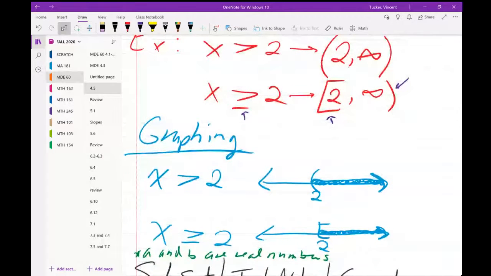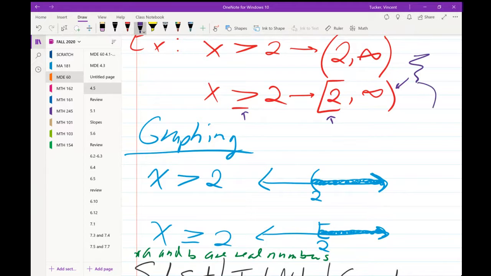Now, if I had to graph both of those, your interval notation, which is up here, needs to reflect what's going on in your graph. So if we're going from 2 to infinity, that means we're going from 2 and we're shading to the right. And that arrow right here represents positive infinity. So we use the parentheses just like we used in the initial interval notation. Parentheses, shade to the right.